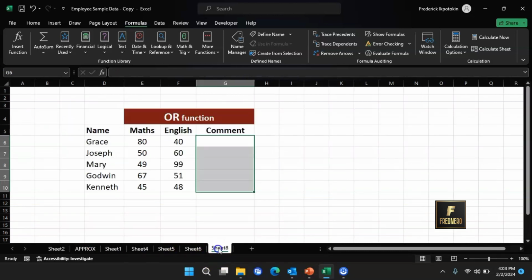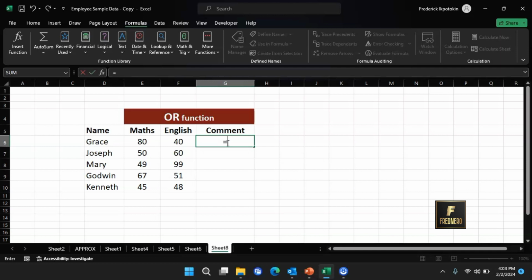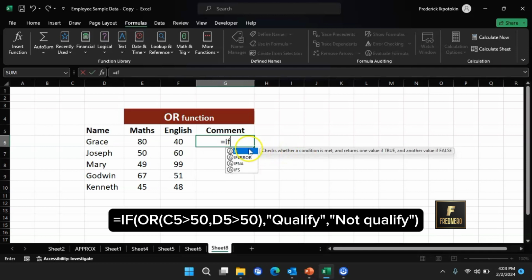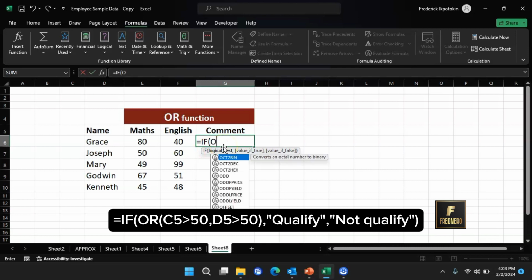Now let's try the OR function. Start with your equal sign. IF, OR, E6 is greater than or equal to 50.